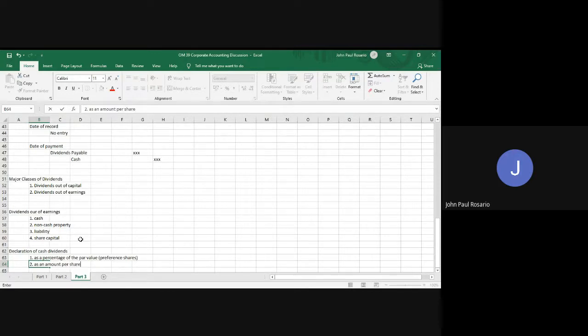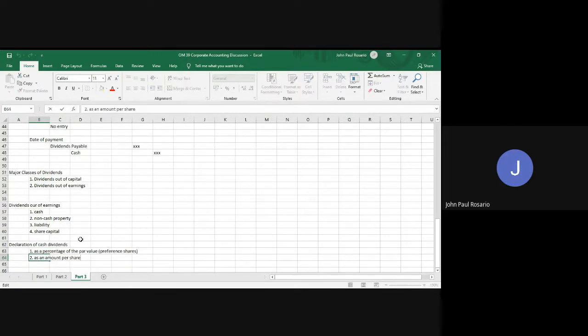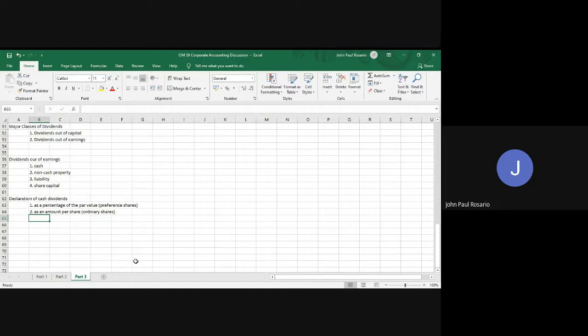And muna siya ang mahitabo usually sa ordinary shares. Pero pwede po siya, no, nga ang dividends ni preference shares is naka per amount per share o pwede po nga ang dividend ni ordinary shares is naka percentage. So, let's start okay.